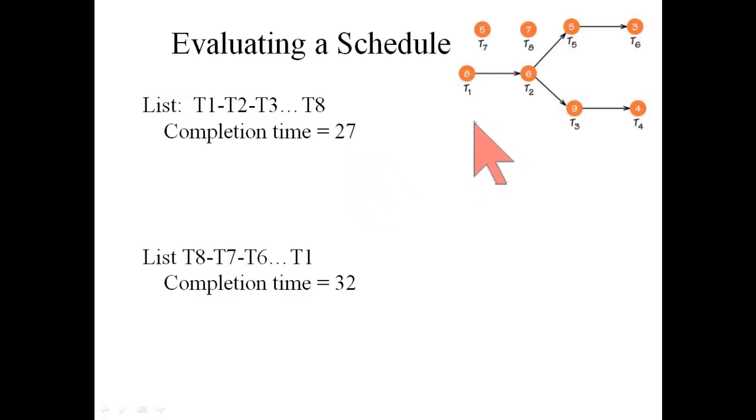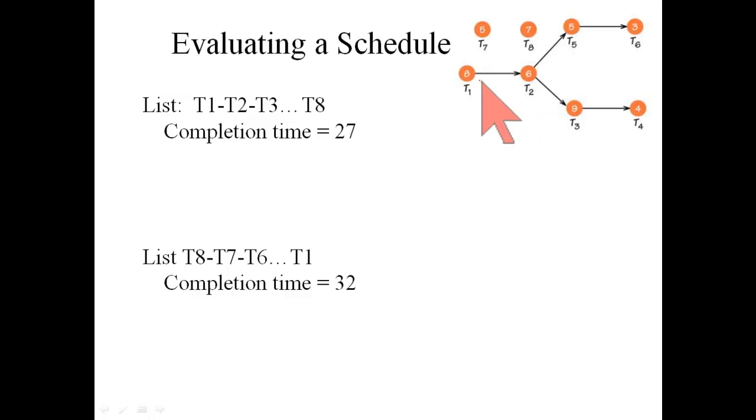Do you agree that it's not possible to finish the overall task in any time less than 8 plus 6 plus 9 plus 4? That's a sequence of tasks that have to be done in that order.